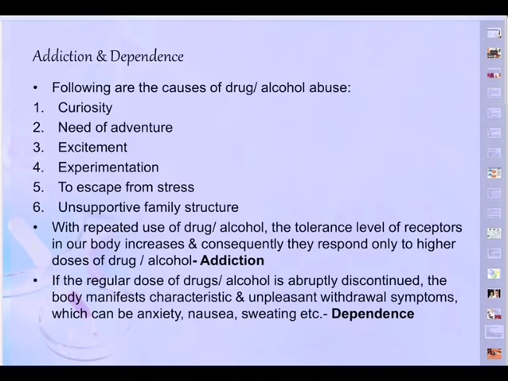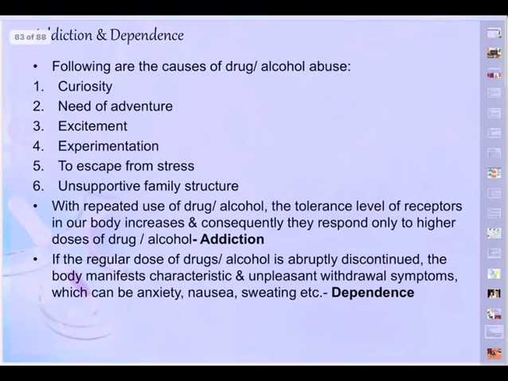And addiction and dependence. Following are the causes of drug or alcohol abuse. As we said, curiosity, need of adventure, excitement, experimentation, to escape from stress, though there are many healthy ways to escape from stress, unsupportive family structure.